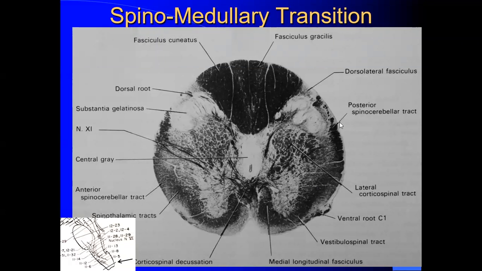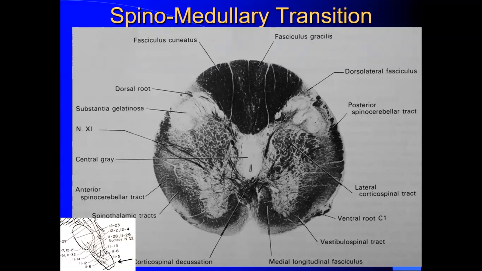Here is the dorsal spinocerebellar pathway. And here's a little dorsolateral fasciculus, which is an extension of Lissauer's tract, which we will talk about again when we talk about sensory systems, and is closely related to the substantia gelatinosa. So we are almost sort of cervical in this slice and almost sort of medullary.